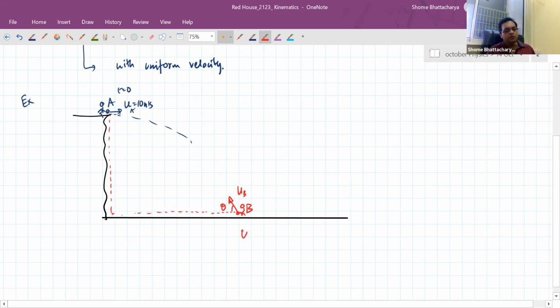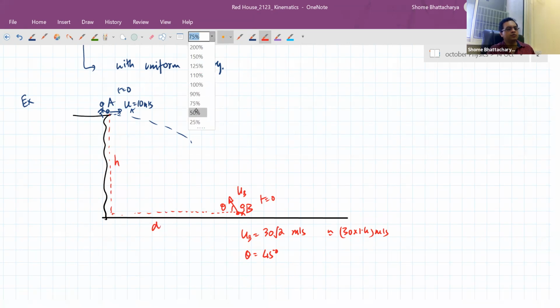So this guy projects the ball with a speed of 30√2 meters per second, or approximately 30 into 1.4, and at an angle of 45 degrees with respect to the horizontal at t equal to 0. So A and B simultaneously project this. Now this vertical distance is h and this horizontal distance is d.